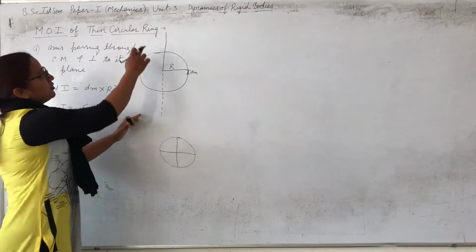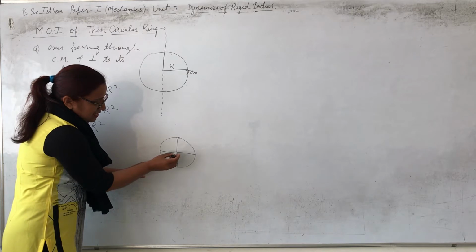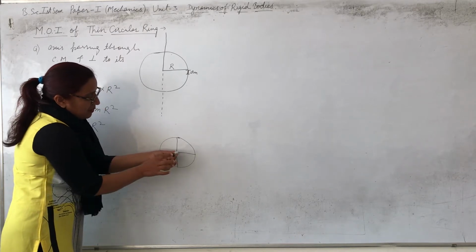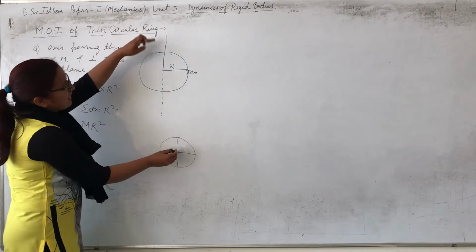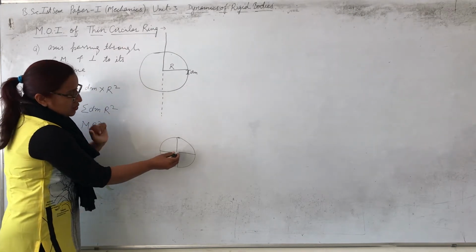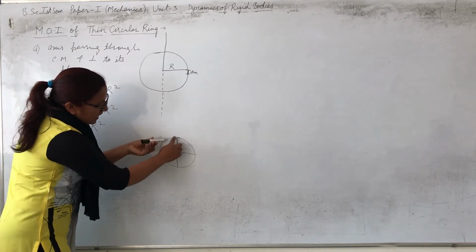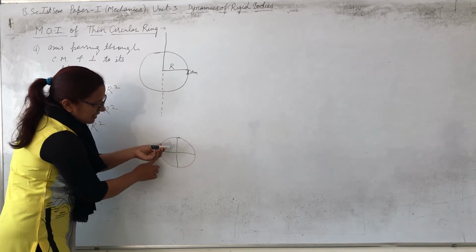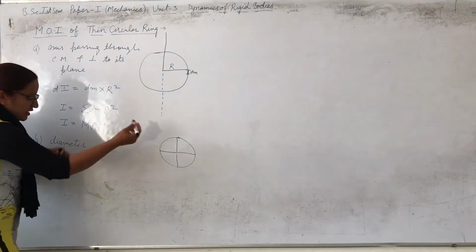And we already know the moment of inertia of this circular ring about an axis which is passing through its center of mass and perpendicular to its plane, which is passing through this blackboard. Here we have calculated this. So to calculate moment of inertia of this circular ring about any of these axes, we can apply the theorem of perpendicular axis here.